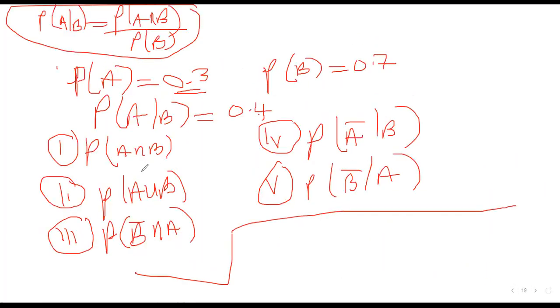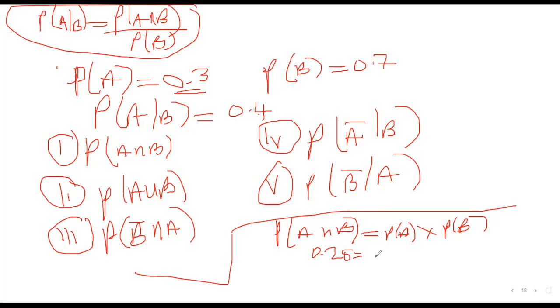Coming back here, test for independent events, we just have to use one test. Probability of A intersection B is equal to probability of A multiplied by probability of B. Our intersection is 0.28.